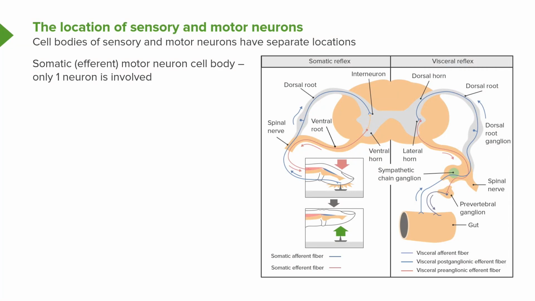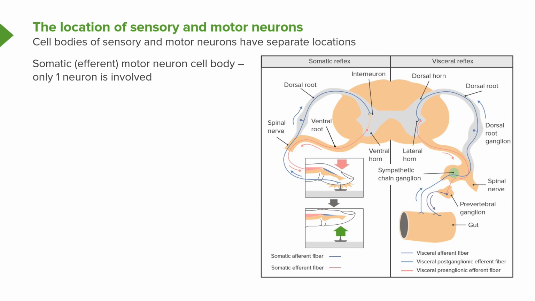So now it's important for us to make sure we know clearly the locations of sensory and motor neurons. On this diagram, you can see the grey matter and the white matter of the spinal cord. So just get used to this diagram and just have a little view of what sort of information it's going to illustrate.